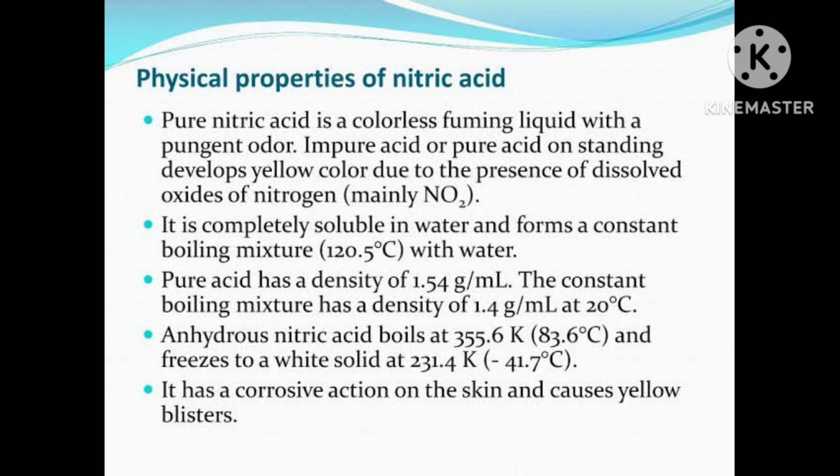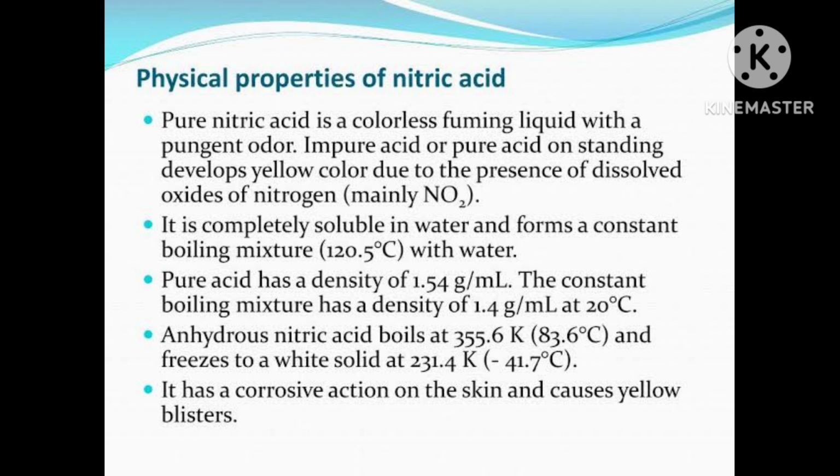In the examination you will get a sample salt, and you don't know what type of salt it is, whether nitrate is there or not, but you want to confirm it. This is actually a confirmatory test of nitrate.